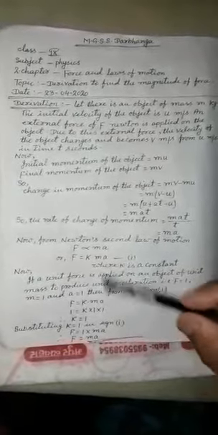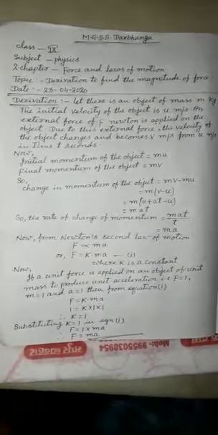Dear students, now substitute this value of k, equal to 1, in equation number 1. Here it is given F equal to k into m a. Substitute the value of k equal to 1, m into a multiplied by 1. Any number multiplied by 1 is itself, it remains the same.